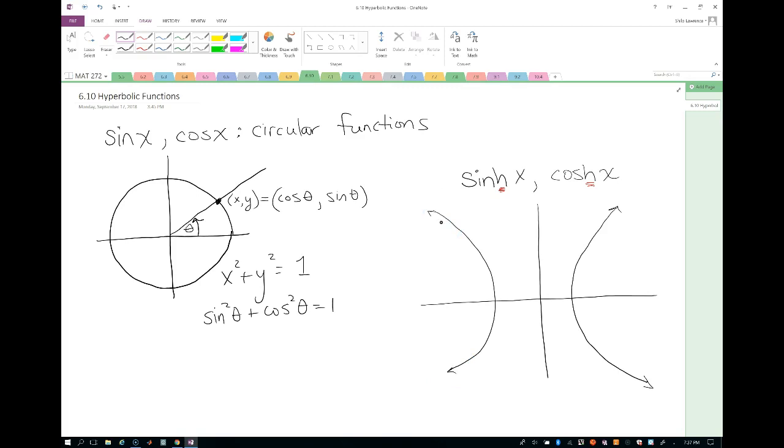And the equation for this hyperbola is x squared minus y squared equals 1. And again, any point on this hyperbola would have the coordinates x, y, but those coordinates would also be equal to hyperbolic cosine and hyperbolic sine.